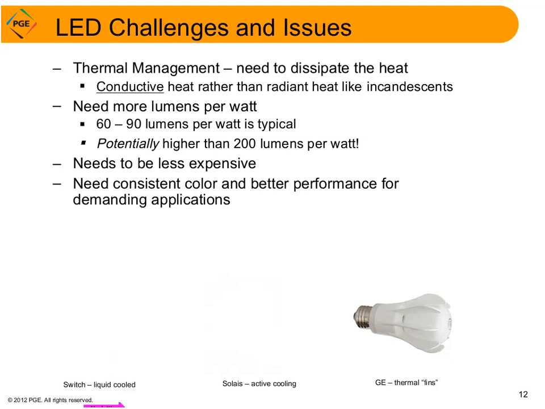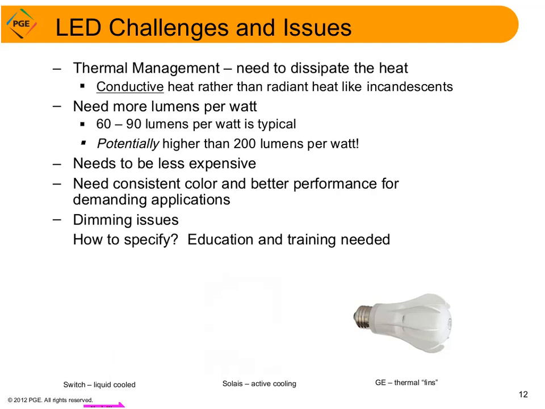And for your demanding applications, we need to get more consistent color and performance. I already talked about dimming. Existing dimmers can be a problem, so sometimes you have to have a dimmer that's made specifically for a particular type of LED fixture. And how do we specify this new technology? We're going to need a lot of education and training.